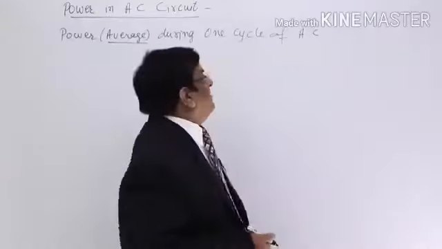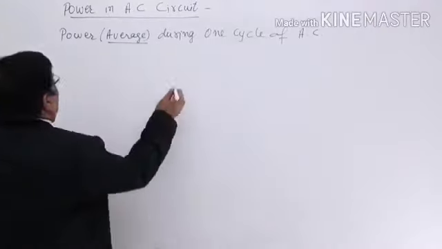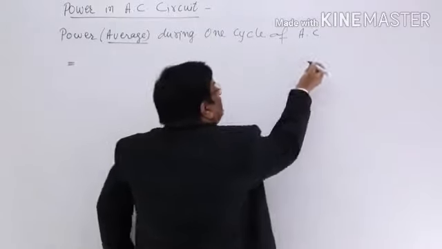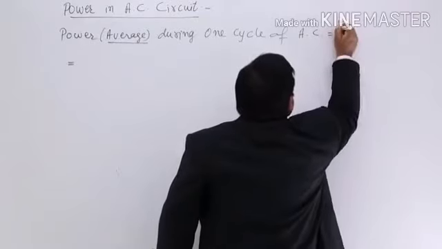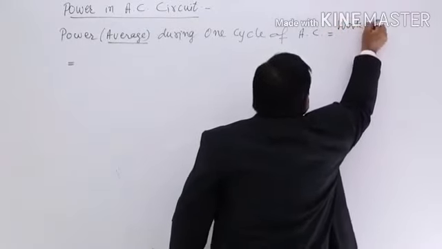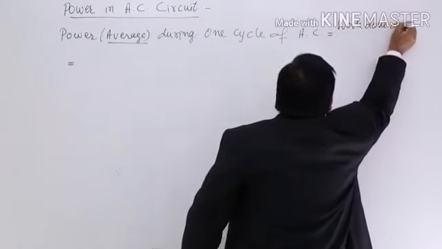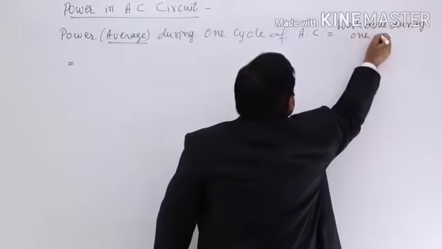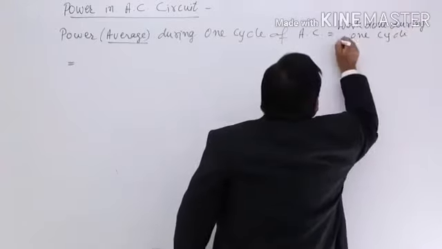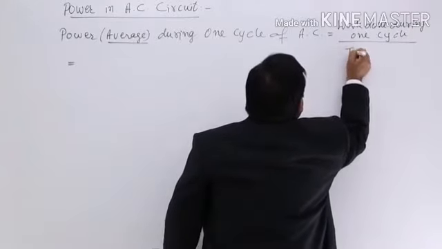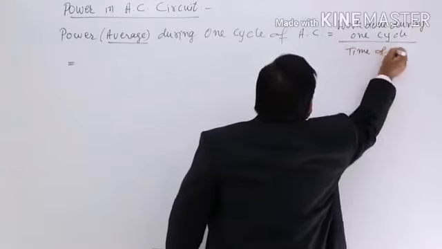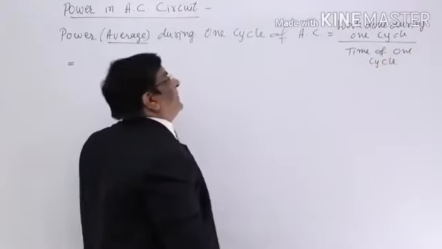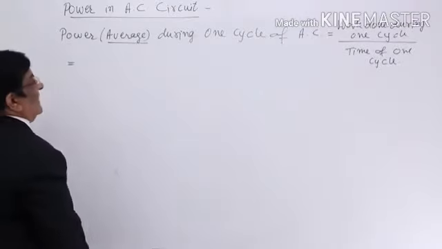So for average power, we write down how we are going to calculate. Average power over one cycle of AC is equal to work done during one cycle divided by time of one cycle.